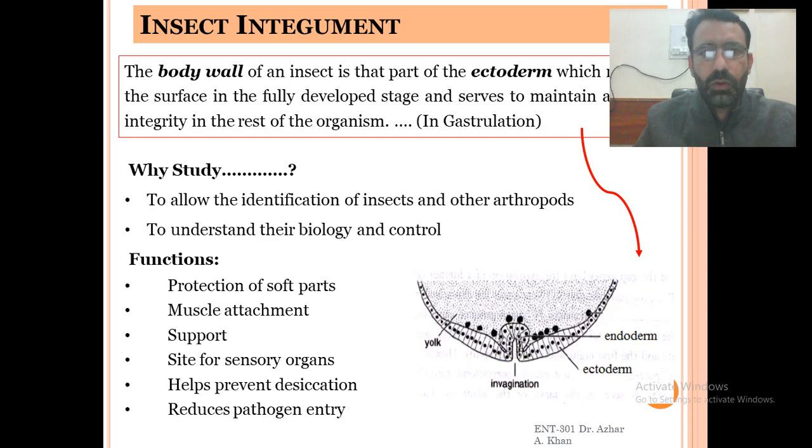It happens during embryonic development, and the stage is known as gastrulation. Why do we study integument? It allows identification of insects and also other arthropods, and to understand their biology and control.